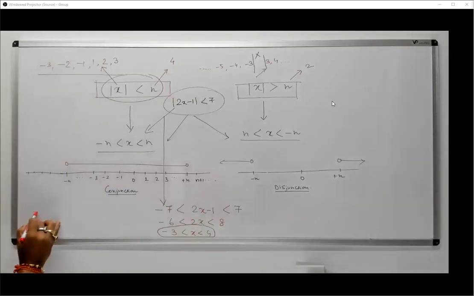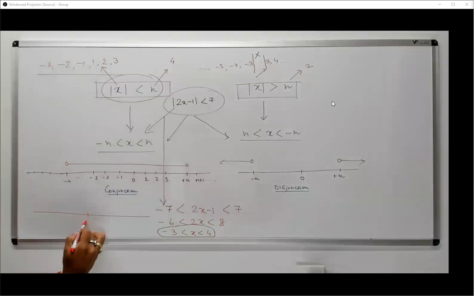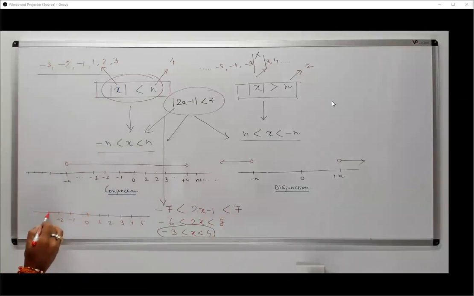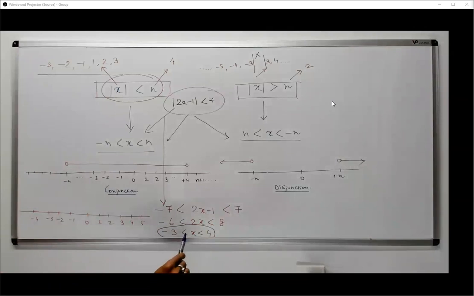I will draw a number line. I'll put 0 here, 1 here, 2 here, 3 here, 4 here, 5 here, and then minus 1, minus 2, minus 3, minus 4. Now, from this expression, x is greater than minus 3.